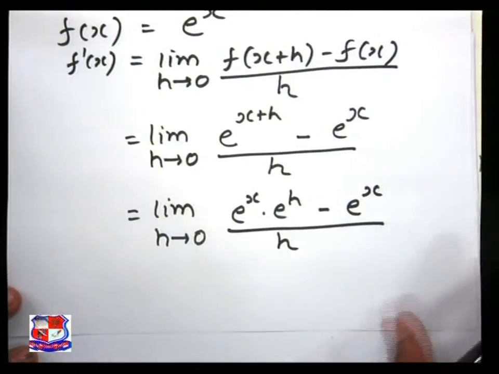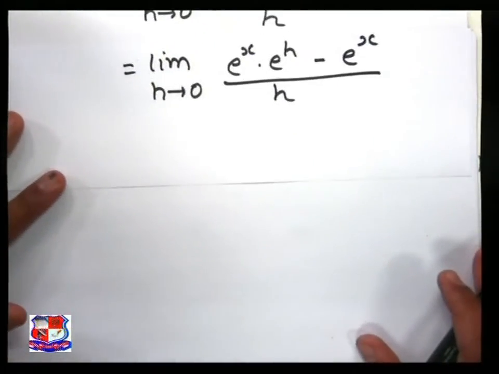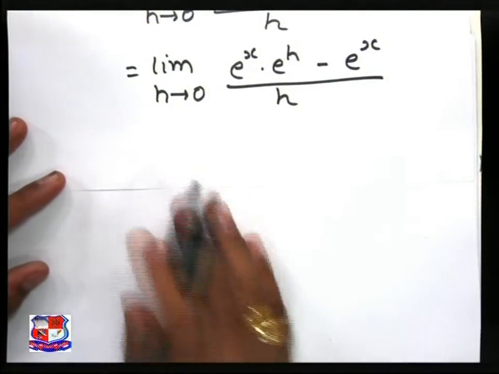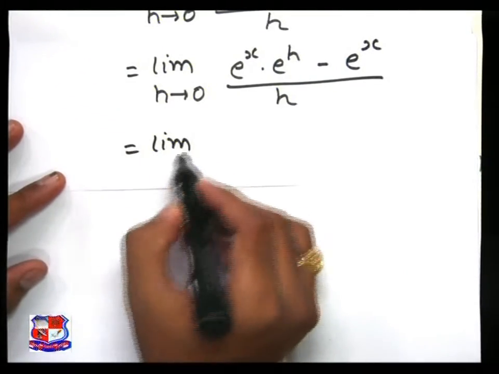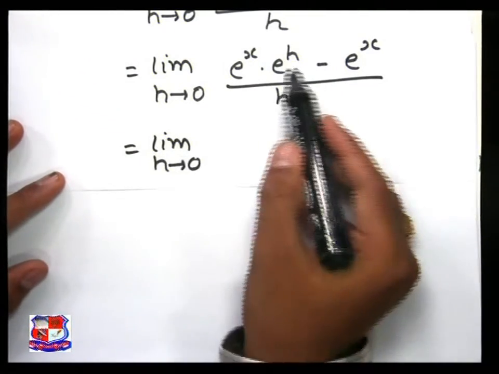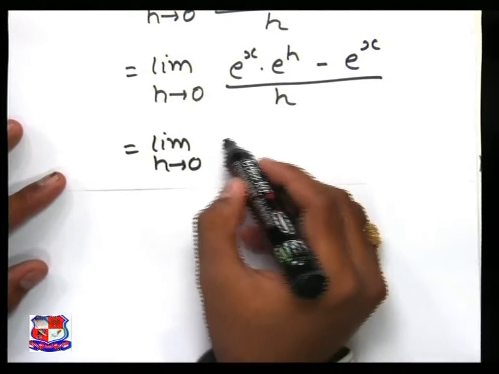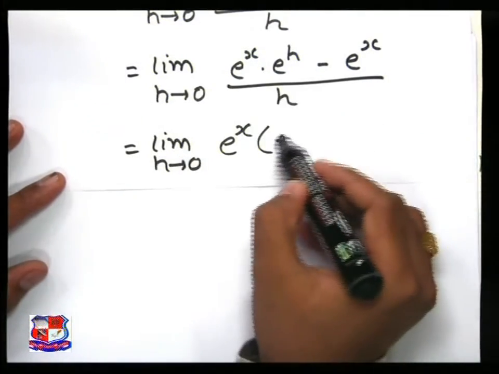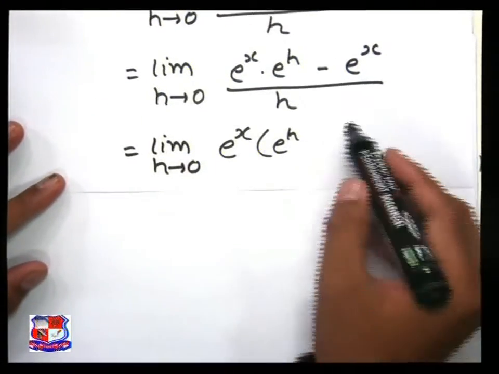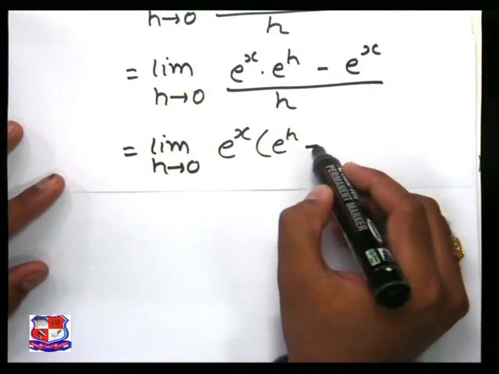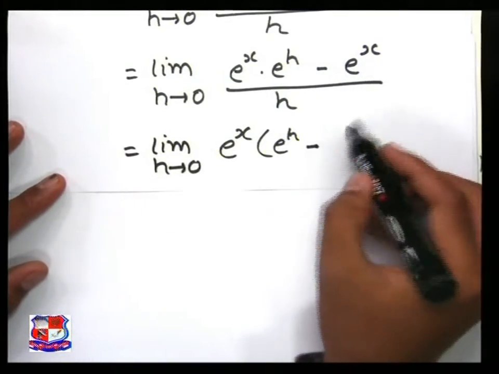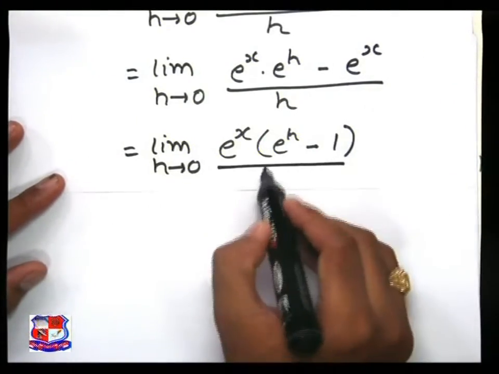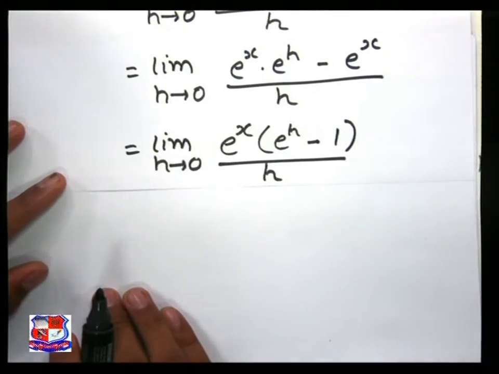divided by h. Now we want to simplify more. In the numerator, here e raised to x, again here e raised to x. So the next step is to take e raised to x common. So here e raised to x, remaining e raised to h, the minus sign as it is, minus, here e raised to x, no other value, so write 1, divided by h.